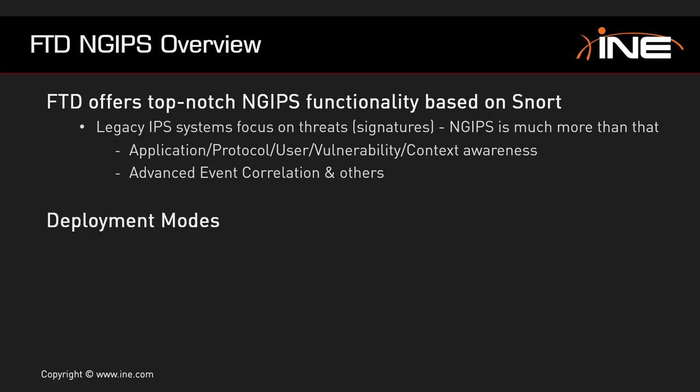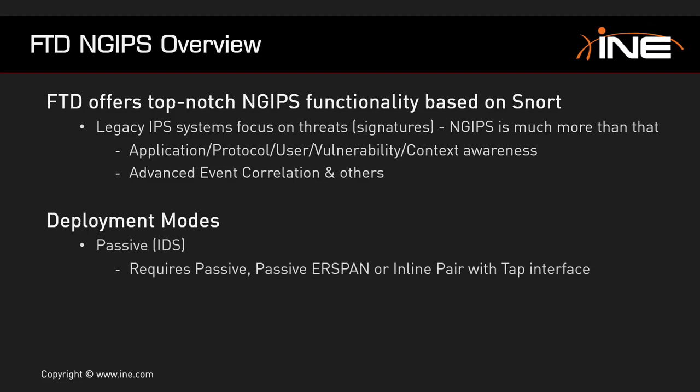Okay, for the Firewall Threat Defense specifically, if you want to run pure next generation IPS, so without using any of the firewall features, you will be able to deploy NGIPS in one of two modes. You can go for a passive solution, or you can go for inline deployment.